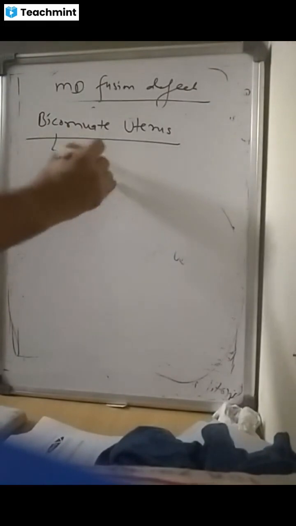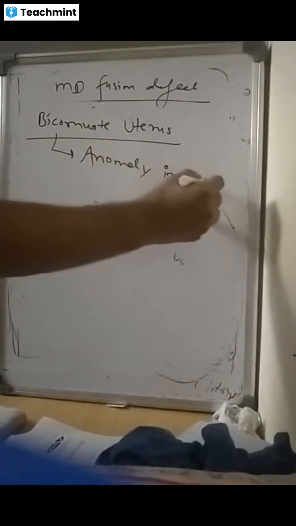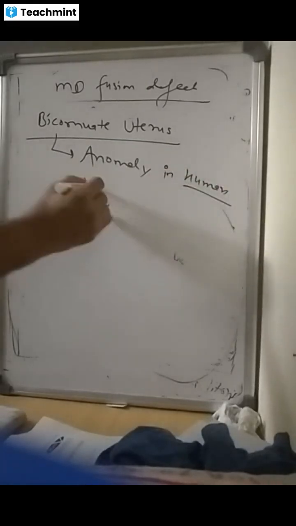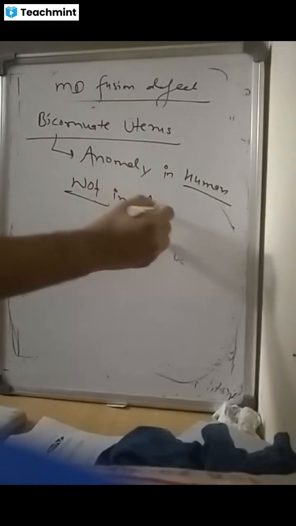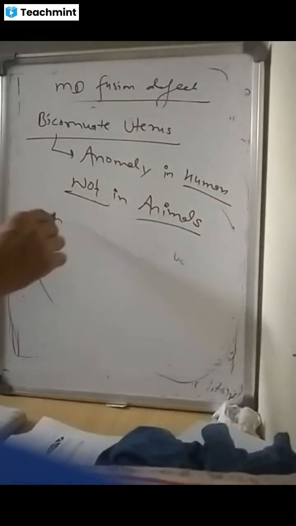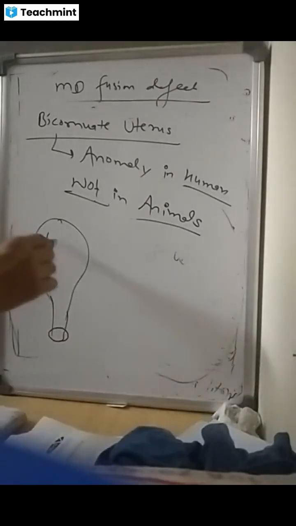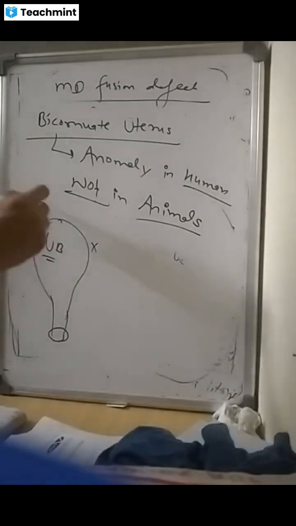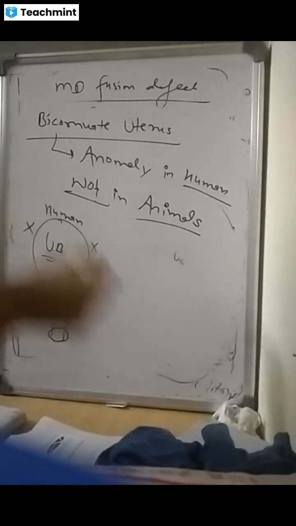Bicornuate uterus. This is an anomaly in human beings, not in animals. Normally, this is the uterus of the human being, having only a uterine body, and horns are absent.